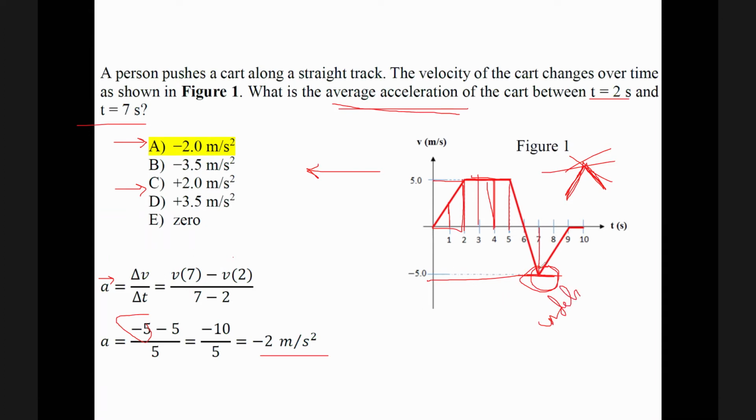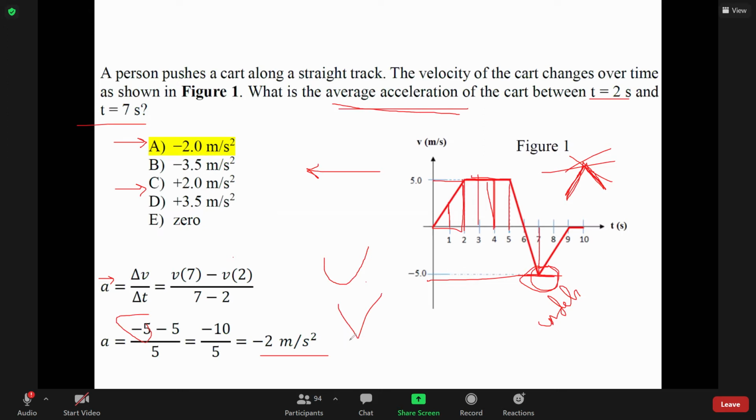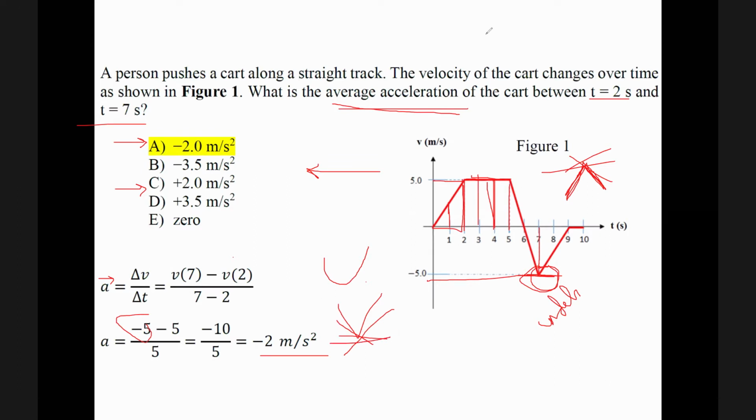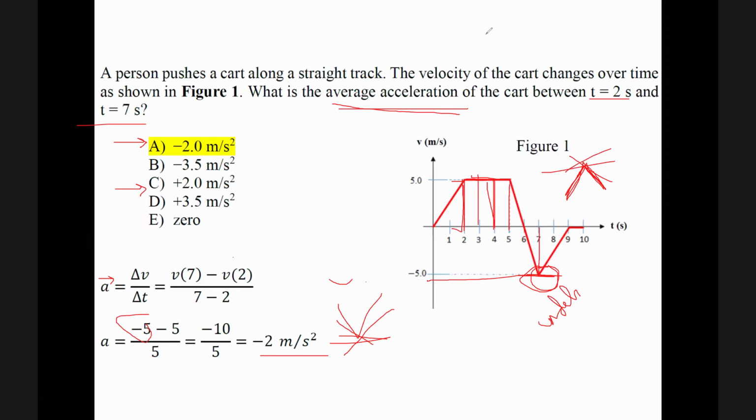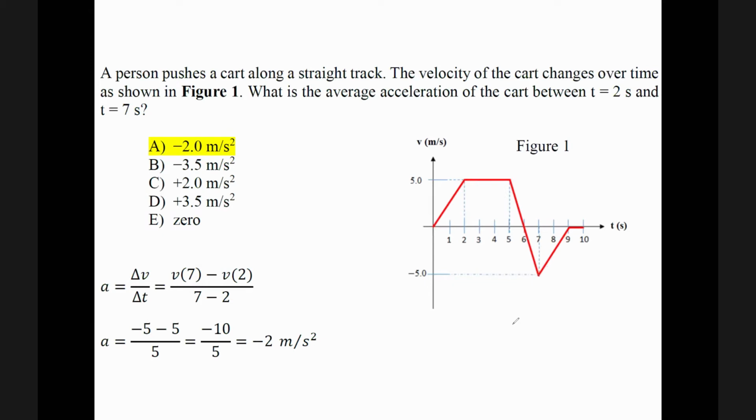If they ask about 7, they don't have an answer, undefined, so they have to make the curve smooth like this. They cannot make it sharp, because in math, I think you took it in calculus, at sharp tops or sharp bottoms you can draw many slopes, so it is undefined. Yes, good, excellent. The more important thing is that you take the slope for the tangent. For average, you have to take a period.